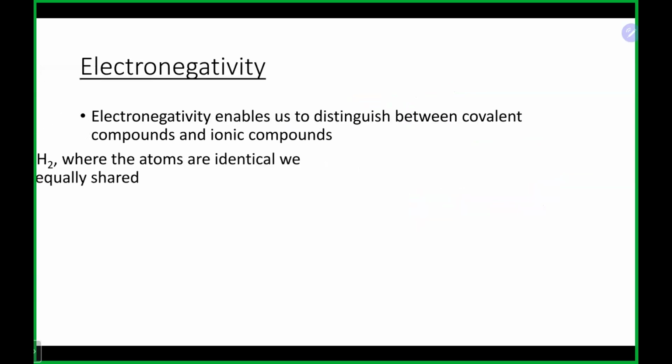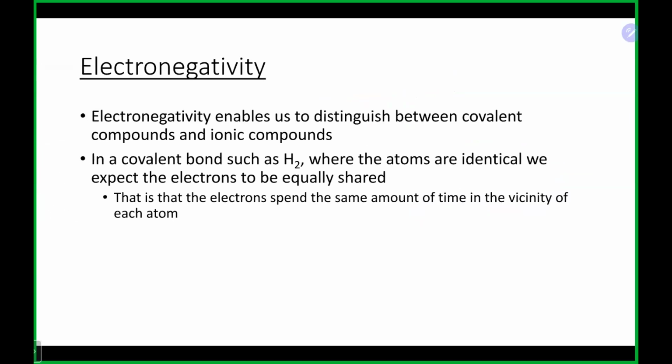So for example, if we take our hydrogen bond that we saw earlier between our 2 hydrogens, and again, by sharing electrons there between our 2 hydrogens, 2 electrons, 2 electrons. Now, in this particular case, because both of these are hydrogen, they both will have the exact same electronegativity.